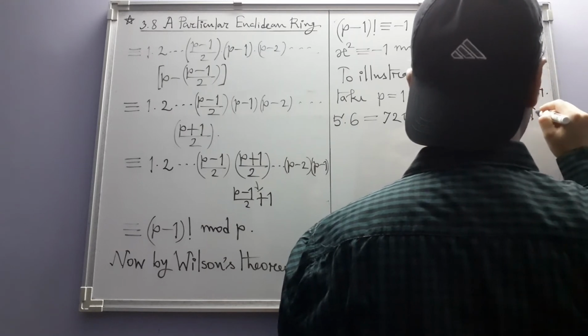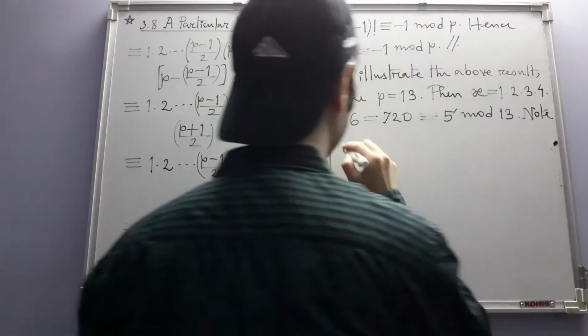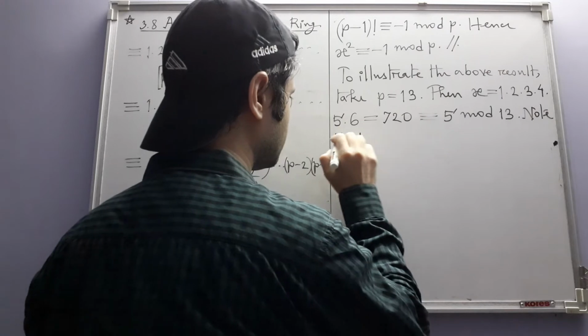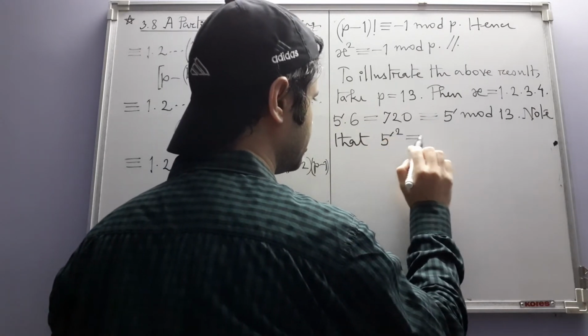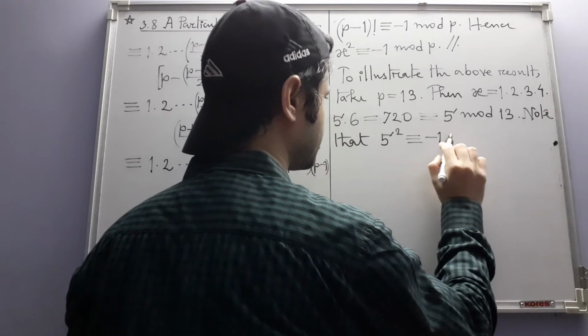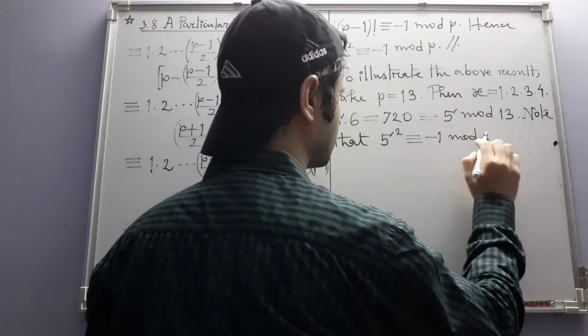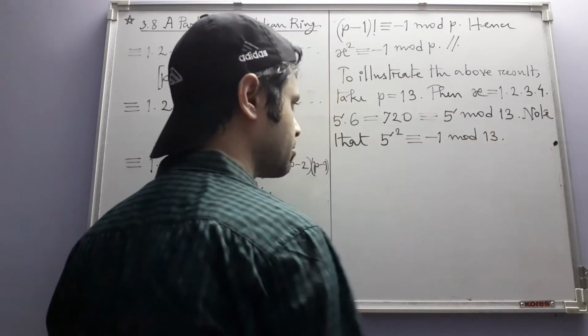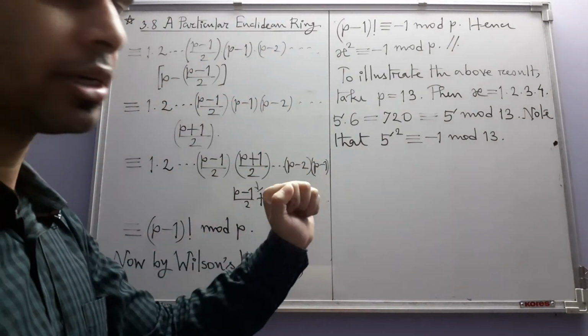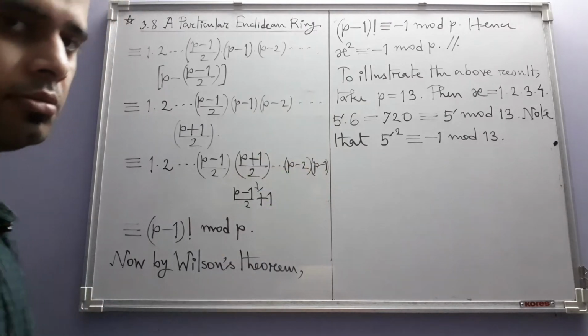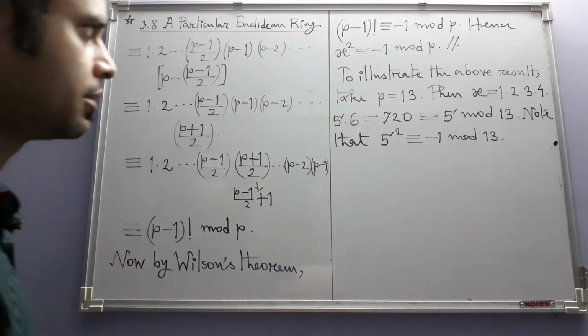Note that 5 square is congruent to minus 1 mod 13. 5 square is 25, 25 plus 1 is 26, which is divisible by 13, so it is true. It has to be true because we have proved the result.